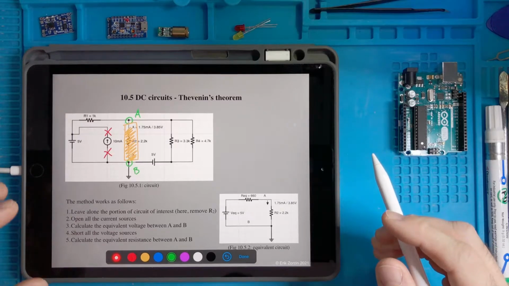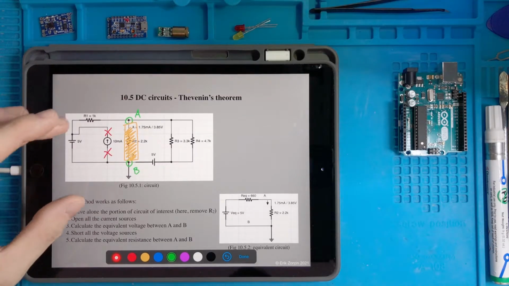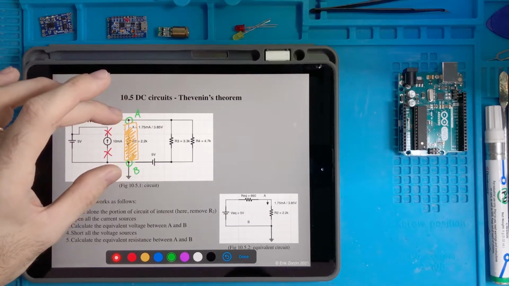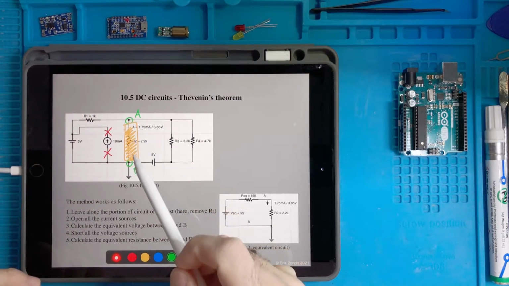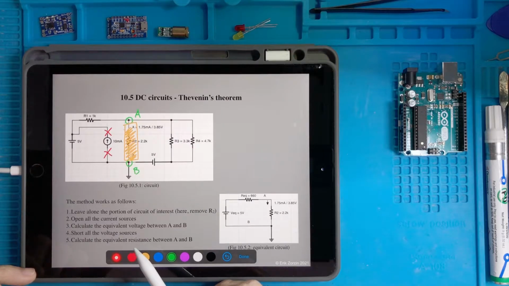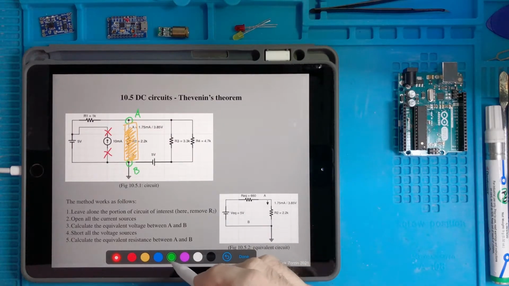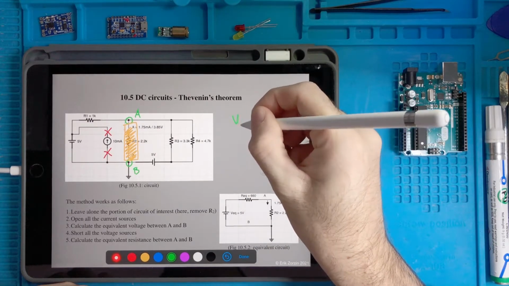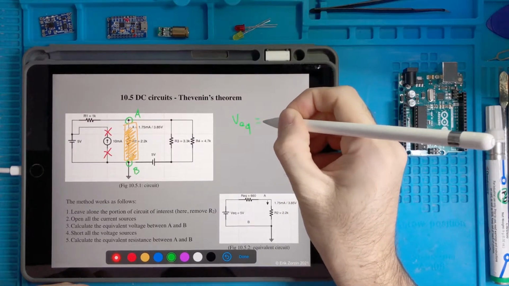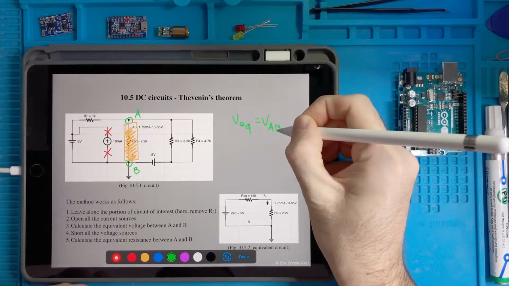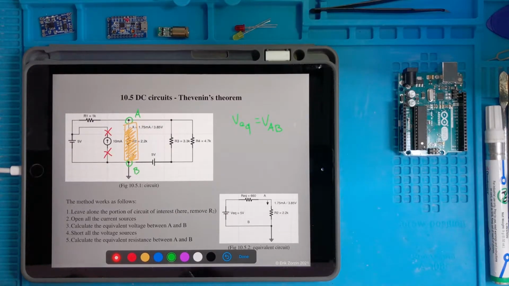So we don't do this now, but you can imagine that we can calculate the voltage VAB between node A and B, and we keep this value. We call it V equivalent, which is VAB in our case.